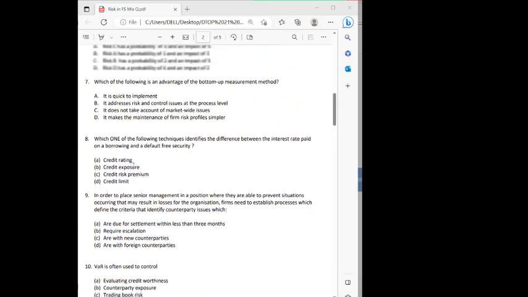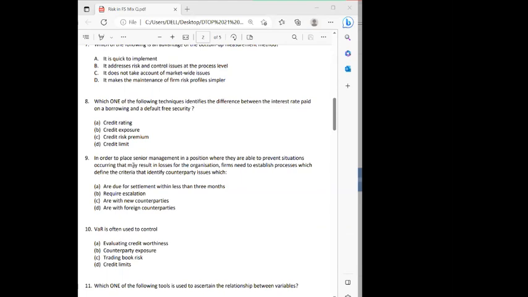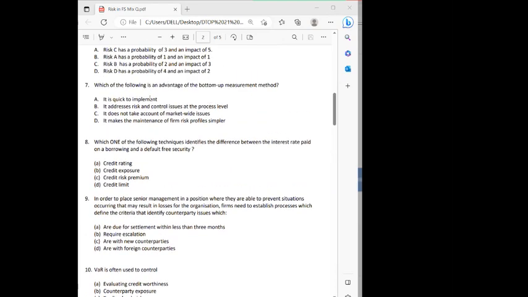B. It addresses risk and controls at the process level. Sorry? The answer is B, right? For question number 7? Yeah, I'll say what I have put, B. Yeah.